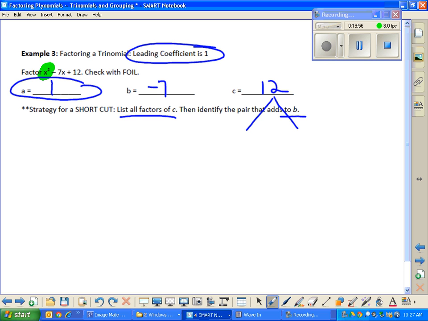Right now I'm trying to think of numbers that multiply to give me C, which is 12, but then add to my B value, which is negative 7. What are the numbers that multiply to give me 12, but add to negative 7? Good, Denise? Yeah. And the order doesn't matter.